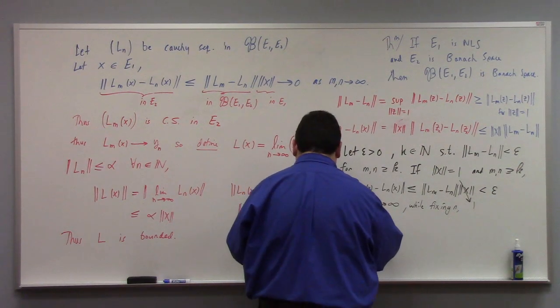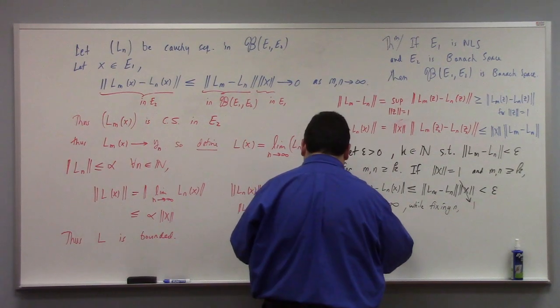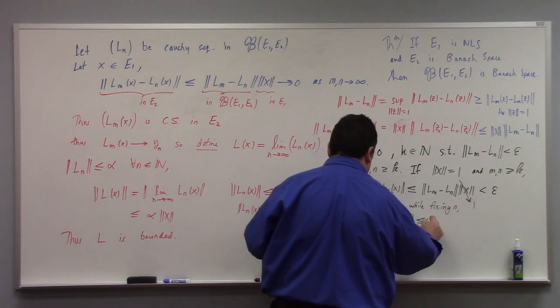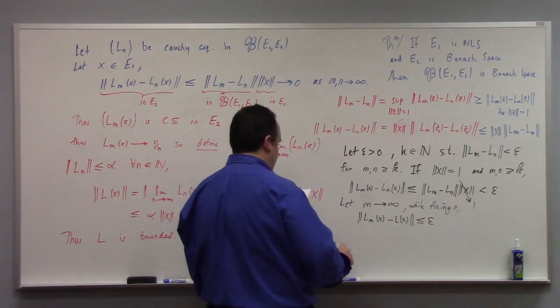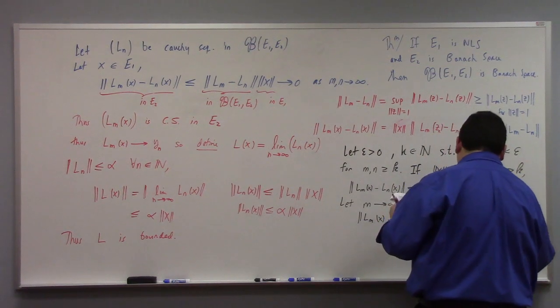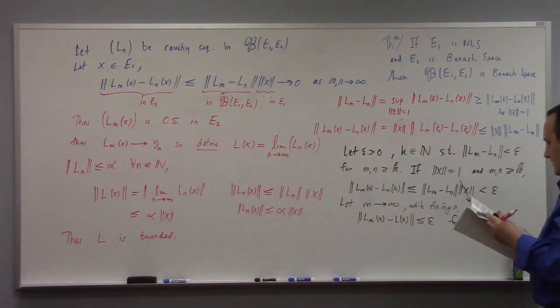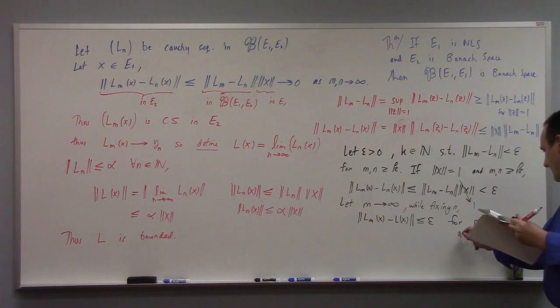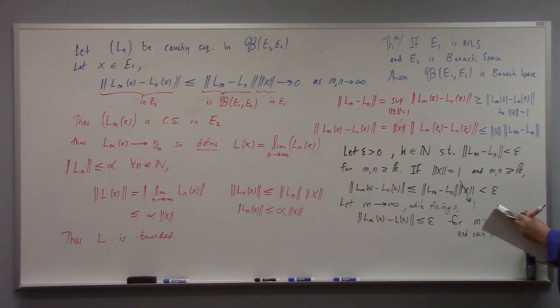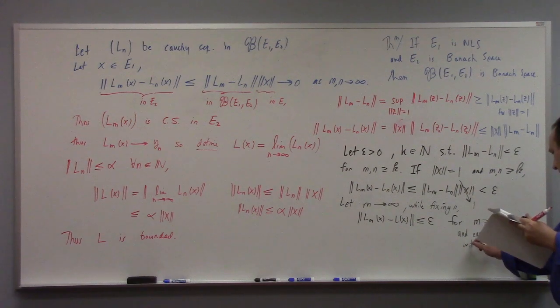He says we get that the norm of Lm of x minus L of x is less than or equal to epsilon for m greater than or equal to k, and each x in E1 with norm of x equal to 1.